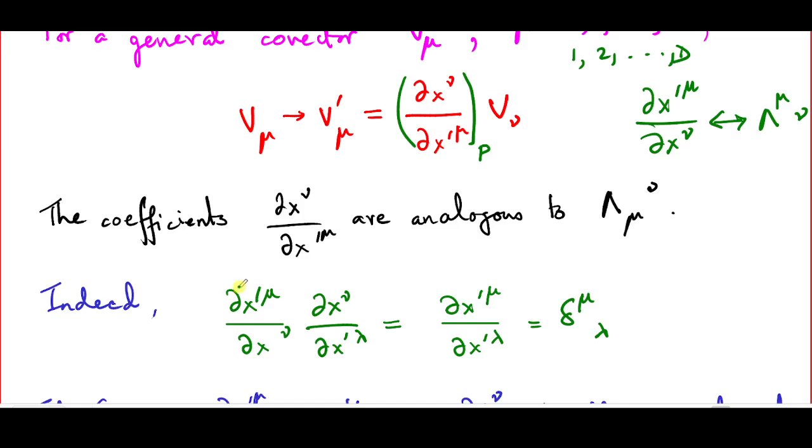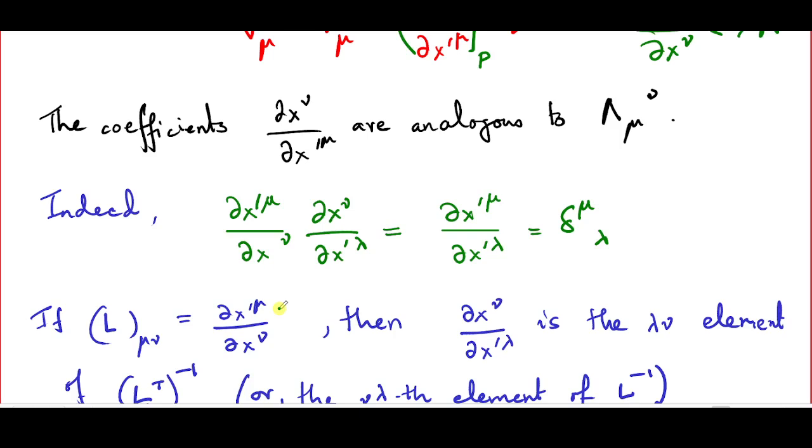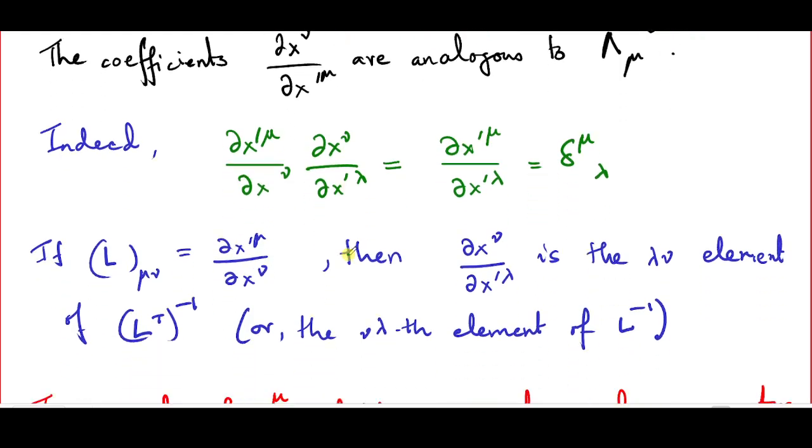So, if we were to consider this ∂x'^μ/∂x^ν, the coefficient that sits in front of vector components, as the μν-th element of a matrix L, then ∂x^ν/∂x'^λ must be the λν-th entry of L inverse, or the λν-th entry of L transpose inverse.